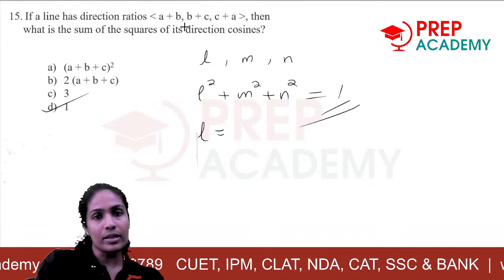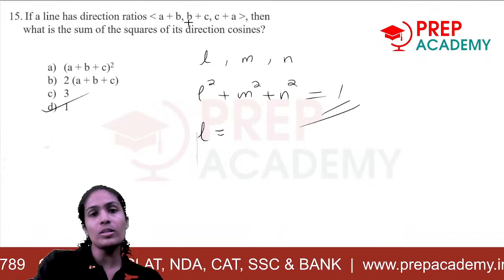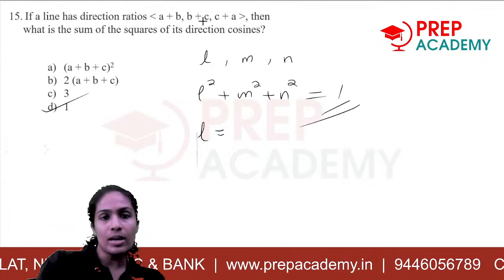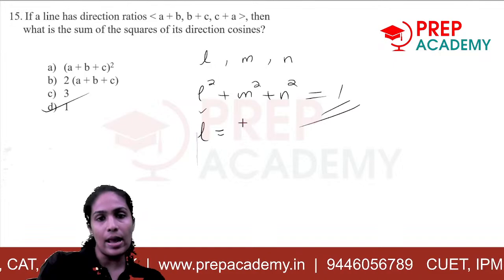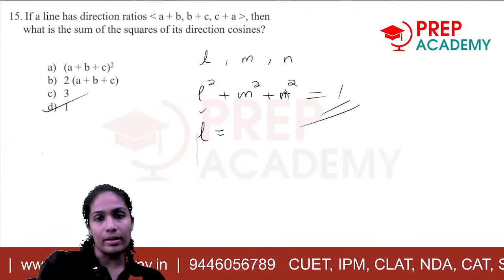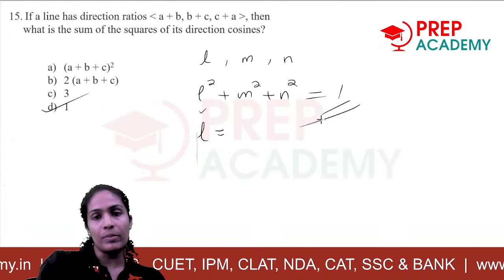Here, the first direction ratio is A plus B, the second ratio is B plus C, and the third ratio is C plus A. You can use these direction ratios to find the values of L, M, and N and find the squares and then add. Even if you use that method, the final answer will be 1.